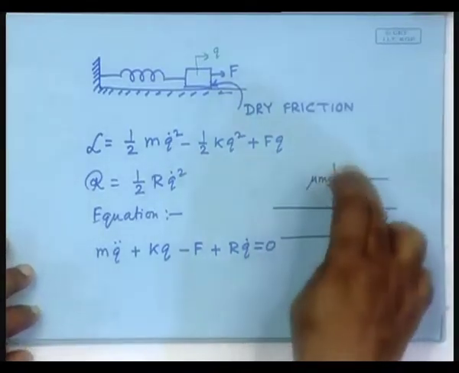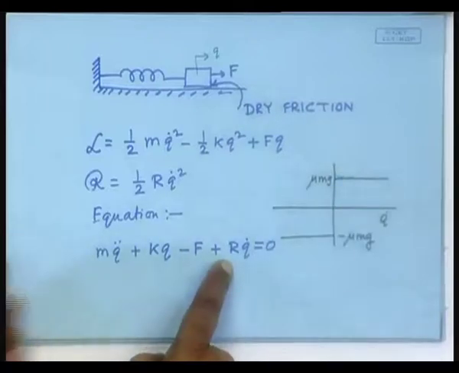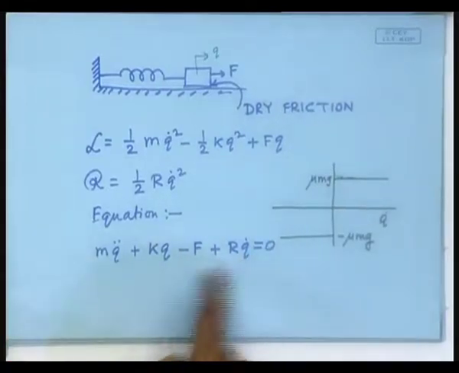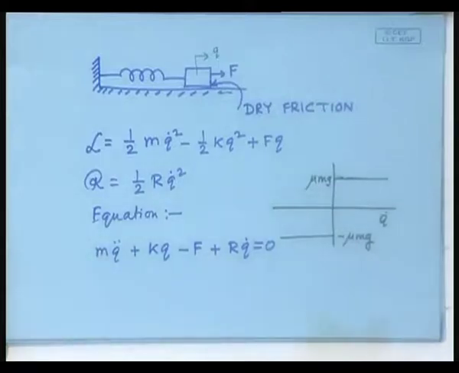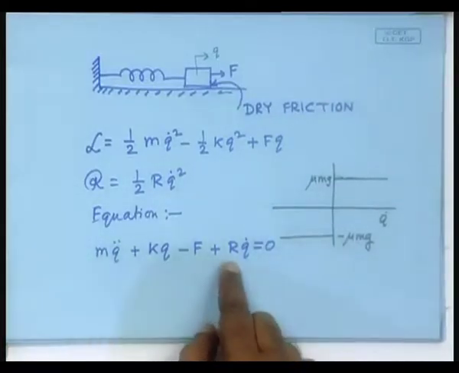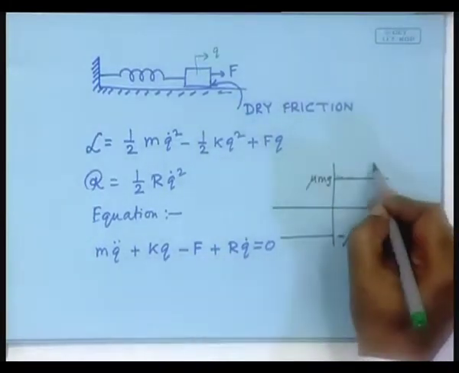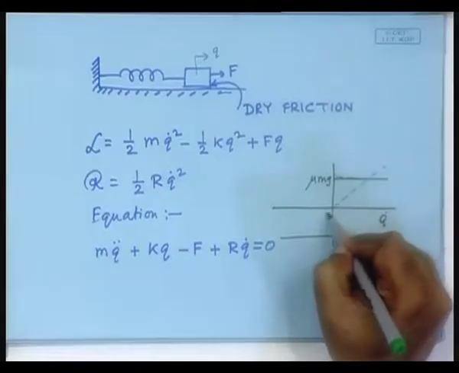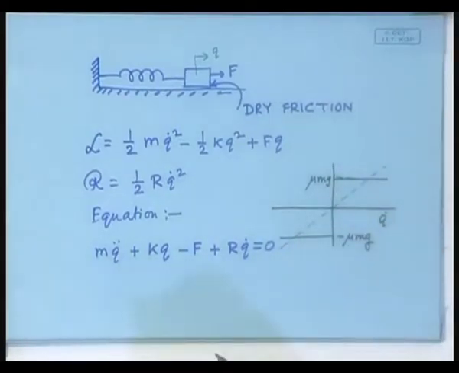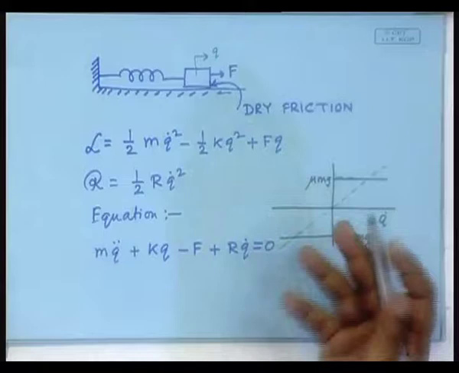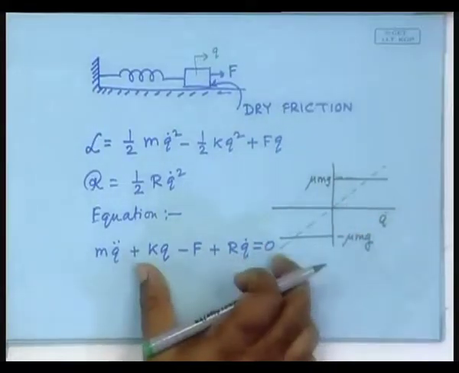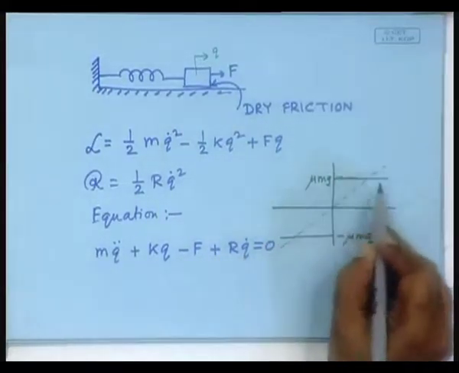Now, this needs to be somehow represented here. How to do that? Tell me, how would you do that? When I write r, I am assuming a linear function. Instead of that, I have to somehow tell this equation that my dependence is like this.